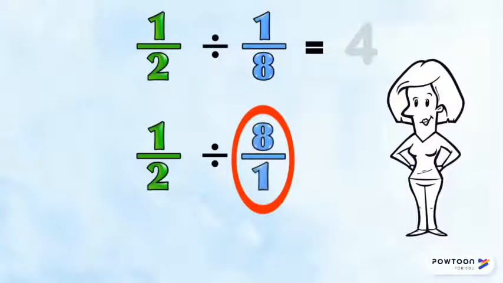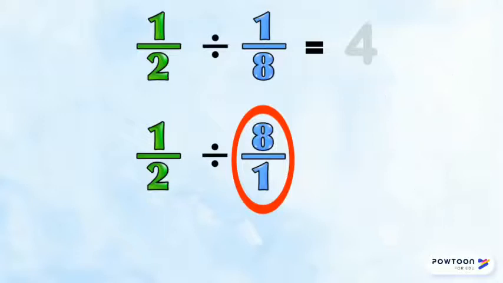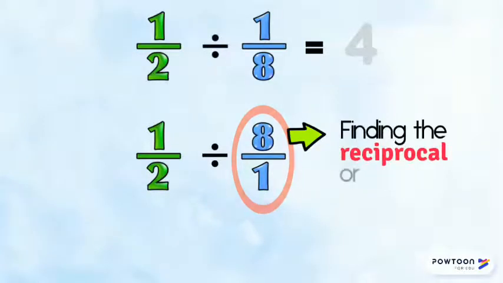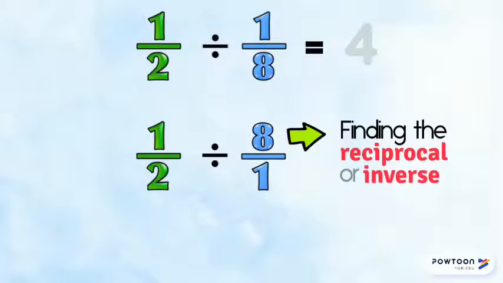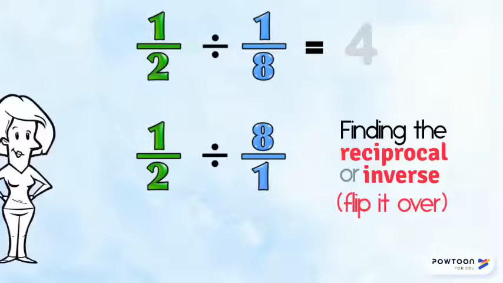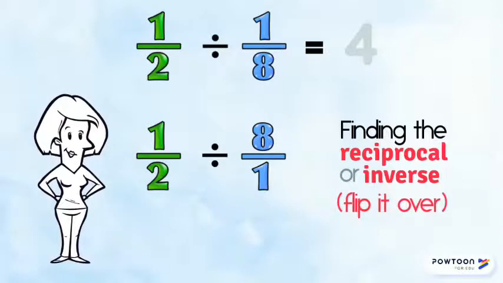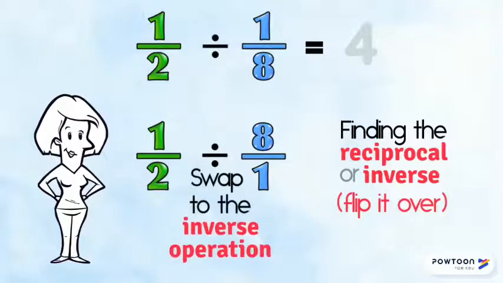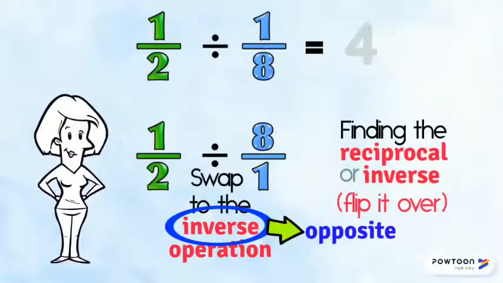This action has a couple of technical math names. It's called finding the reciprocal or the inverse. All we do is flip it over. Very easy. And when you invert the fraction like this, you also have to swap to the inverse operation. Inverse means opposite. The opposite of division is multiplication, so we swap the sign from divide to multiply.